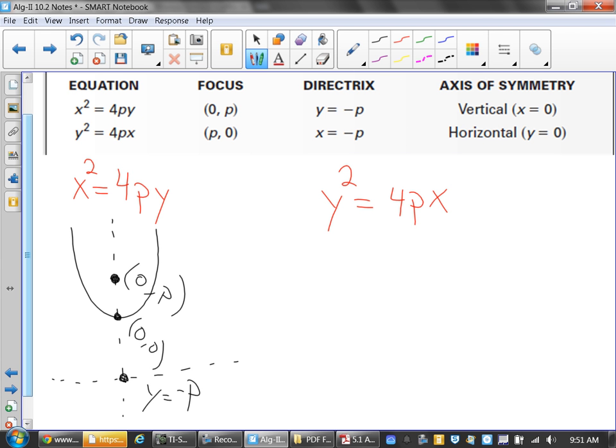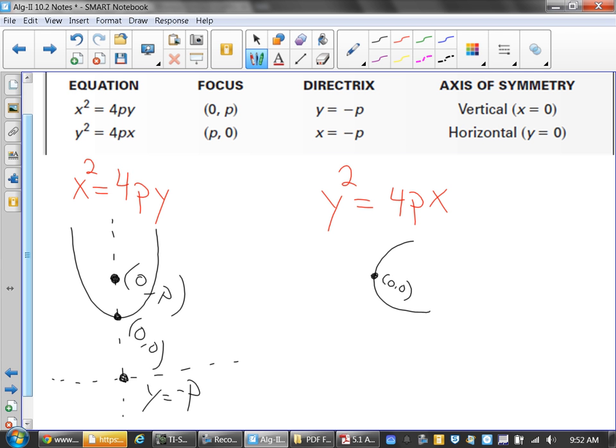Now, when I'm talking about a horizontally turned, or I should say horizontally left or right parabola, it's just the opposite. I'm just going to use the right for now, just so we get a visual idea. Again, our vertex today is going to be placed at the origin. We're not moving things around yet.